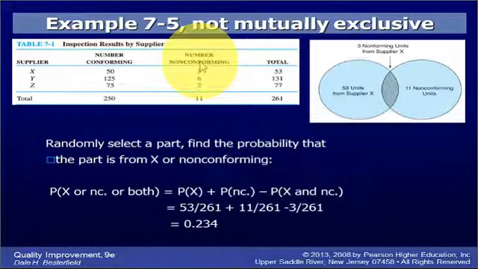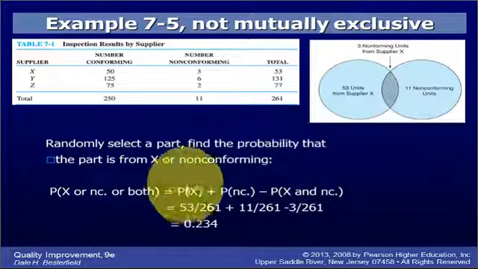If you take these 2 sets, this 53 parts from X, and then this set defines the event B, the non-conforming parts, then you can see that there is an overlap in these 3, right? The non-conforming units from supplier X are the overlapped outcomes. So we have 3 outcomes here in the shaded area.